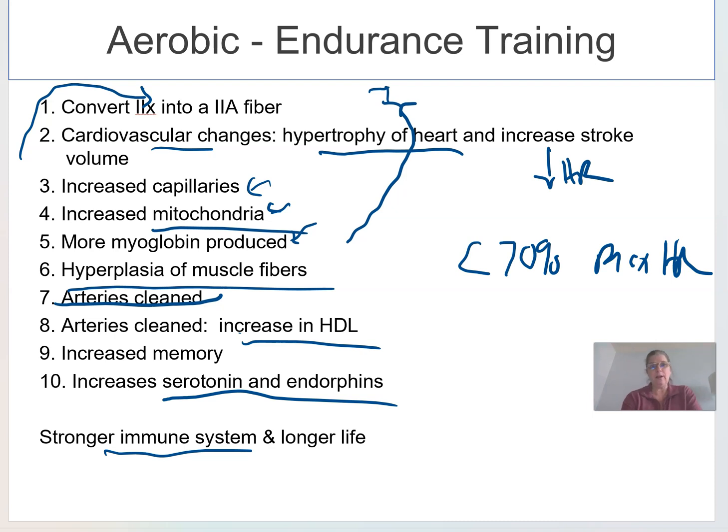And you have hyperplasia and, I should say, hypertrophy here. So technically, hypertrophy is when the muscle gets bigger, and hyperplasia is when they increase in number. And so we know that typically what happens is we increase both the number and the amount of protein in our muscles.